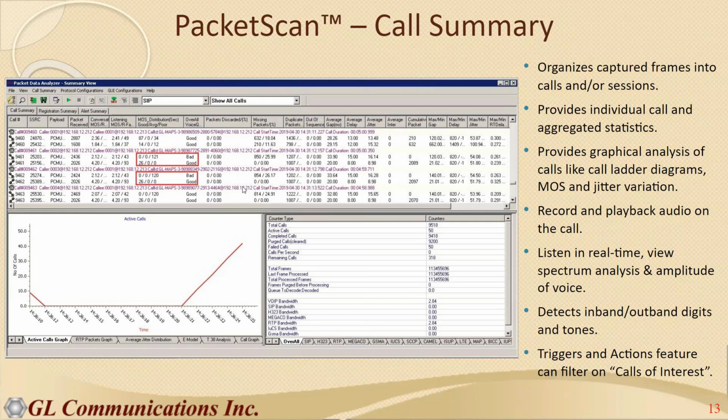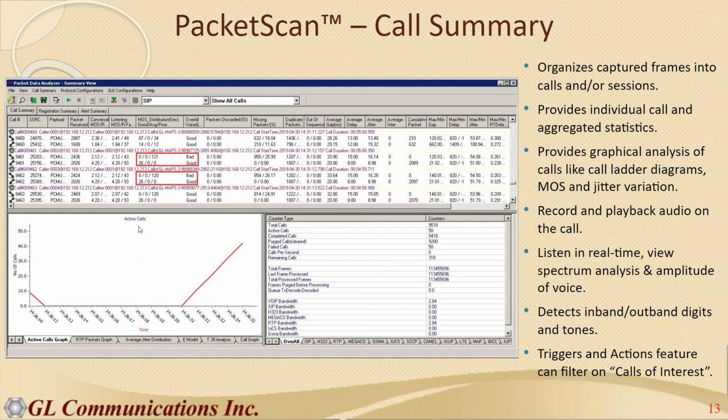And then when you go one level up like that, from the individual packet level to the call level, you can analyze statistics on each individual call, or you can analyze statistics on all the calls. In the bottom left panel there, you see we're showing you the total number of active calls. So say you're tapping into some line and you're just trying to monitor all the active calls that are happening on your network.